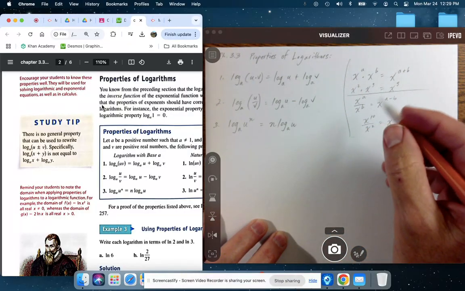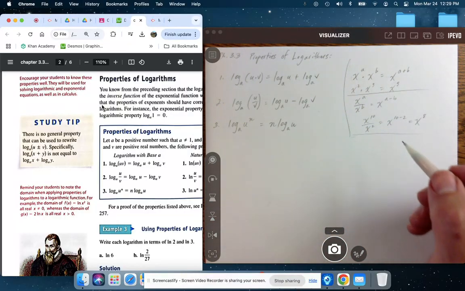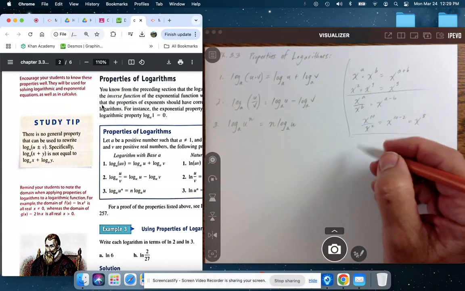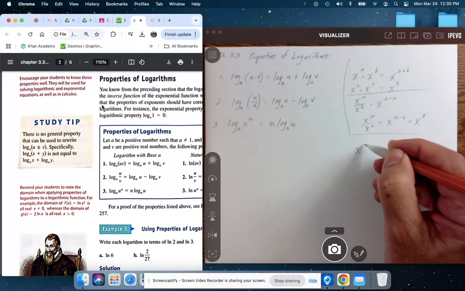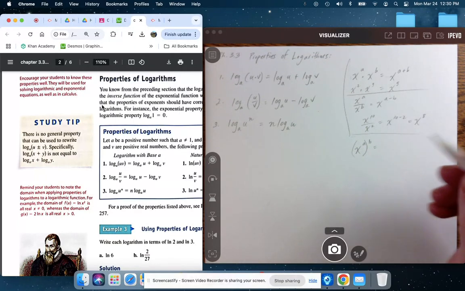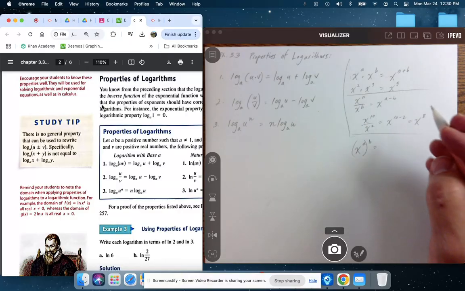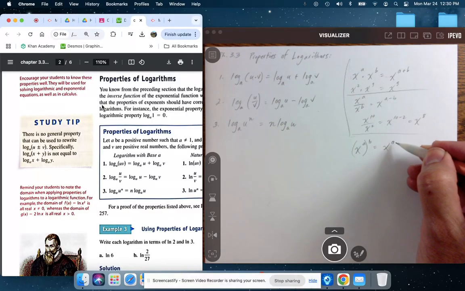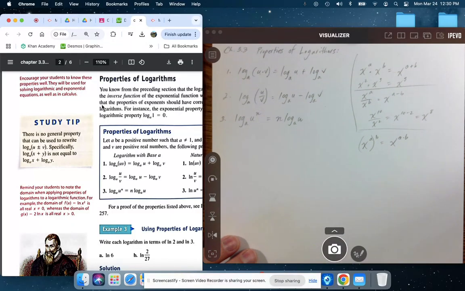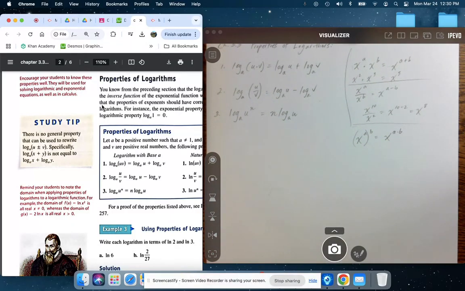And that's related to a power raised to a power. So if you have x to the a raised to the b, that's just x to the a times b. I believe it's related to that exponential rule that we learned back in chapter 3.1.